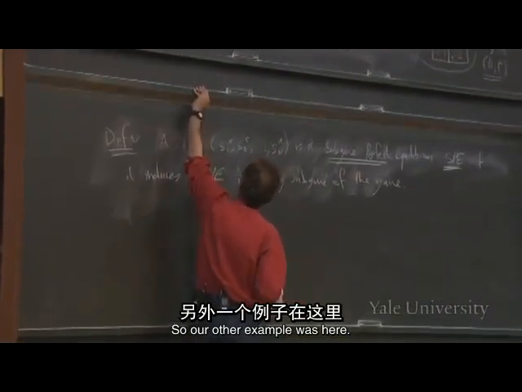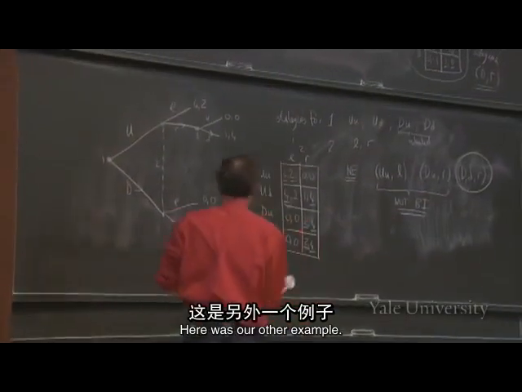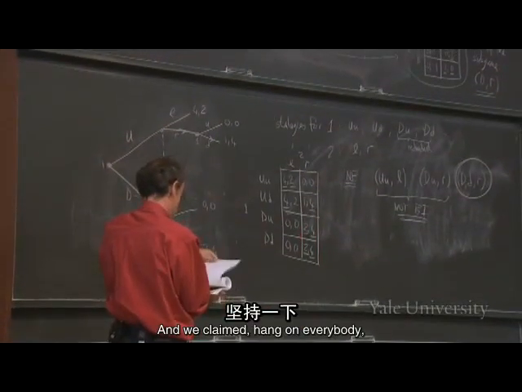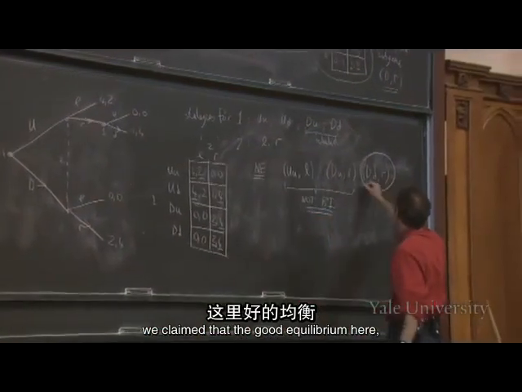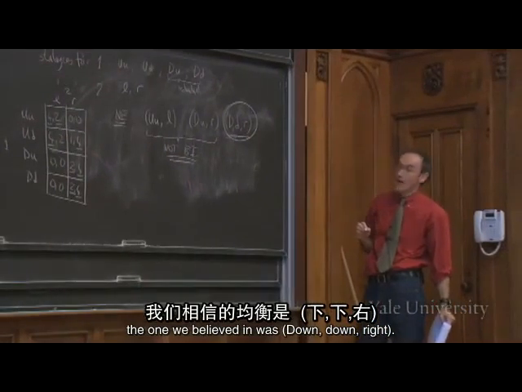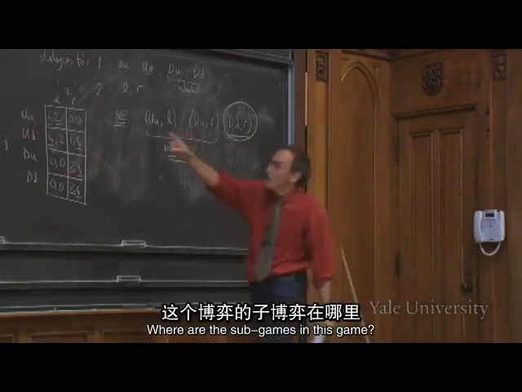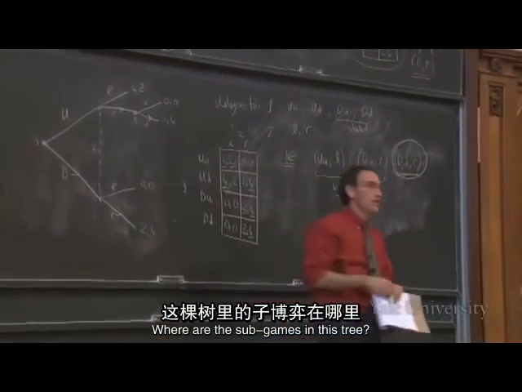So our other example was here. Here was our other example. And we claimed that the good equilibrium here, the one we believed in, was down, down. All right? Where are the subgames in this game? Where are the subgames in this tree?